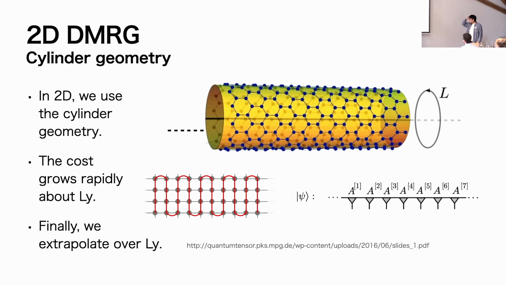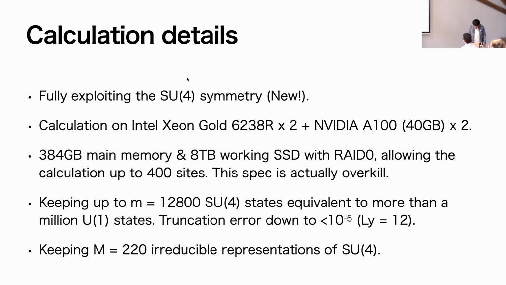In 2D, we use this cylinder geometry as shown here, and the calculation cost grows rapidly, exponentially with this circumference Ly. But we can do the simulation with a finite Ly, and then eventually extrapolate over Ly, up to 12 sites. That's what I will do from now.